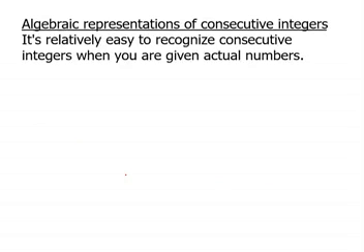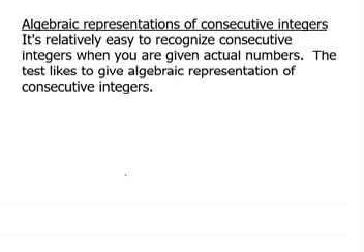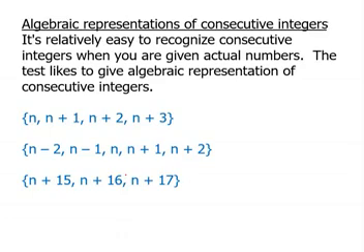Now here's where it really gets interesting, the algebraic representations of consecutive integers. It's relatively easy to recognize consecutive integers when you're given actual numbers. The test likes to give algebraic representations of consecutive integers. So what does this look like? Well, for example, all of these are sets. So n plus 1, n plus 2, n plus 3, that's a little more obvious that we're getting the numbers one after another.